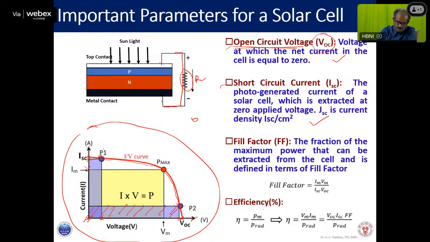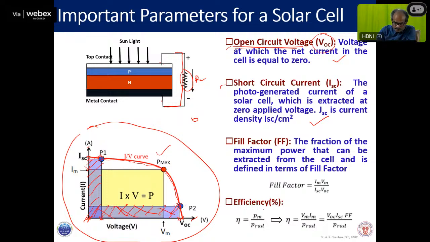Similarly, at this point P1, I am drawing the power which comes under the area of this curve. So similarly, I keep on moving the point and try to calculate the power. What is the power being drawn across this load line?